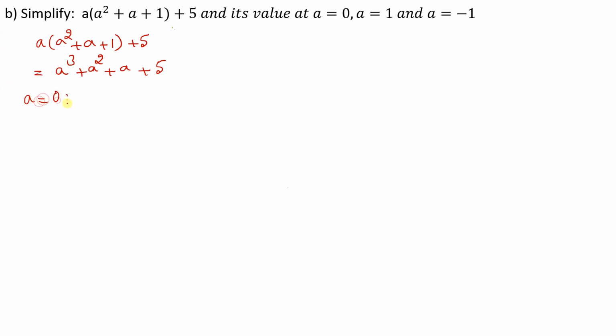expression. You need to find the value of this expression at different values. At a is equal to 0, it is 0 cube plus 0 square plus 0 plus 5. It is 0 plus 0 plus 0 plus 5. It is 5 only.